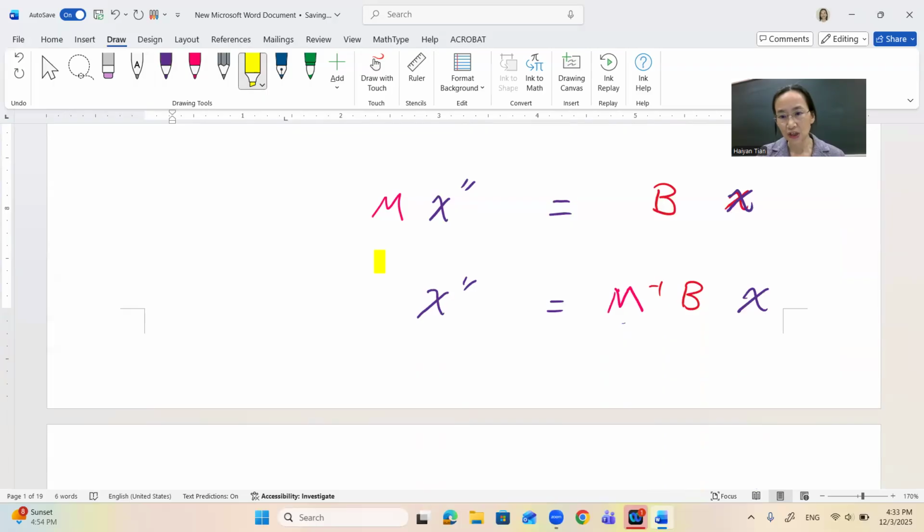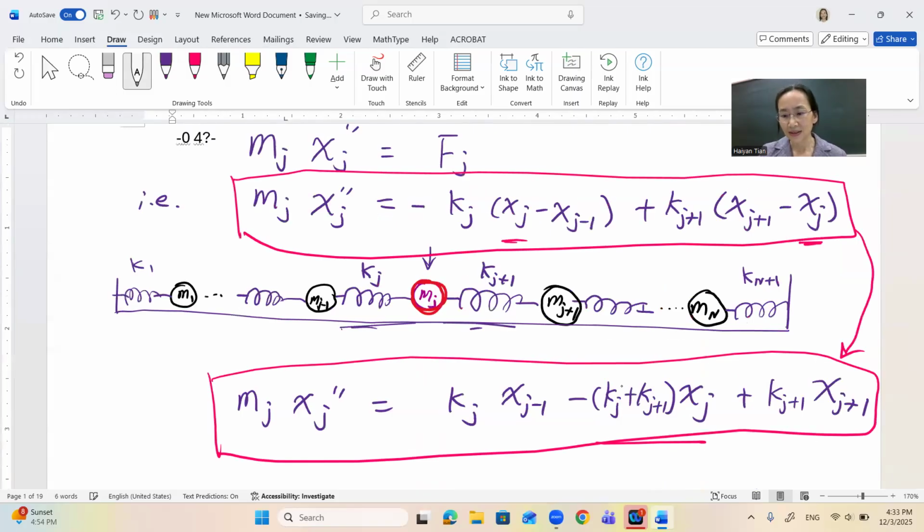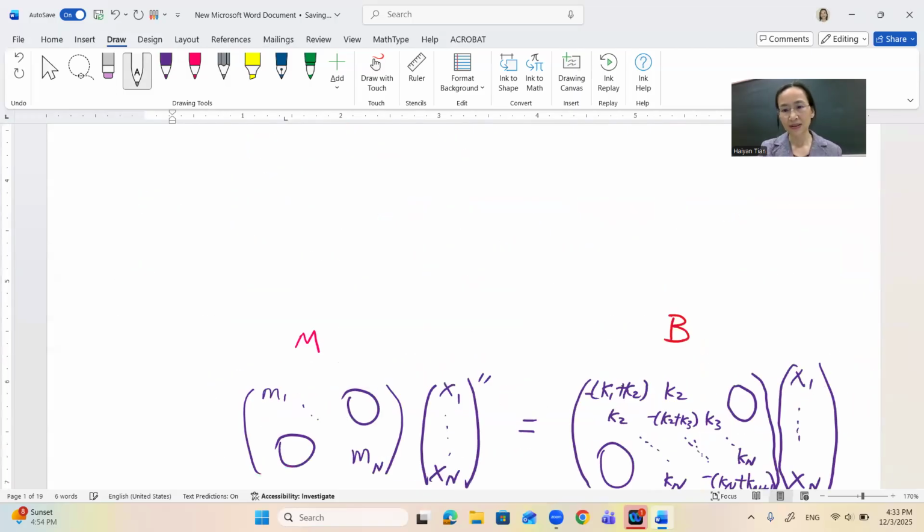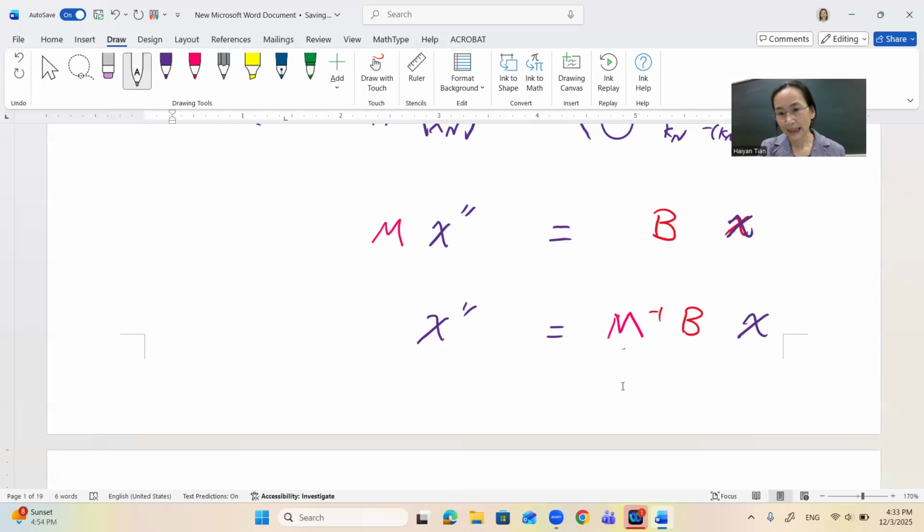So M inverse times B. And overall, this is just a matrix. We can call it A. So we write it into a simple form, which is some matrix, right? Let's call it A, X.